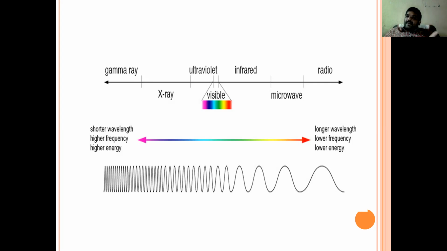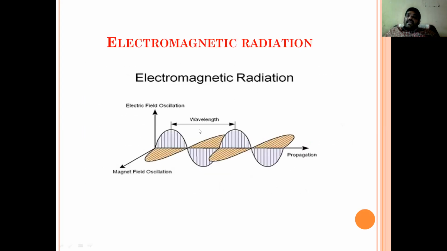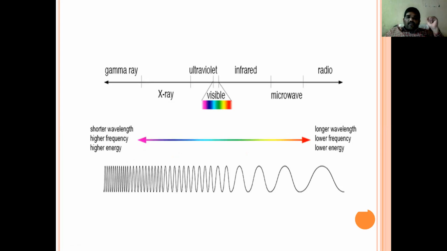What I'm saying here is that the longer wavelength has lower frequency and lower energy, and the shorter wavelength has high energy and high frequency. That's what I want to discuss here. What is gamma and what is radio, we will discuss in the next topic, that is electromagnetic spectrum.